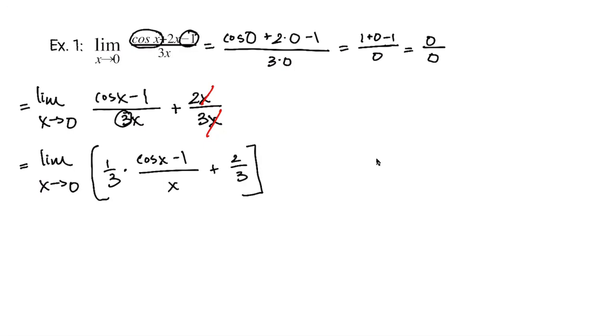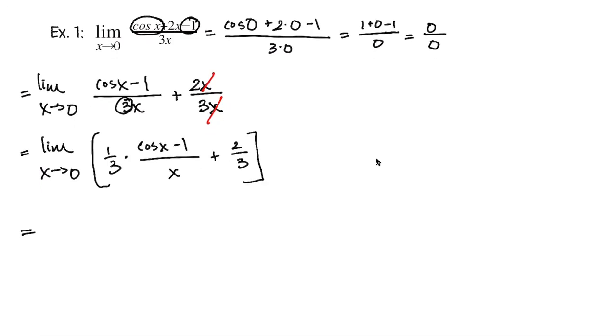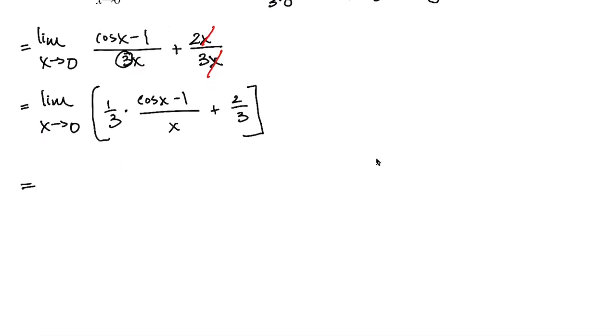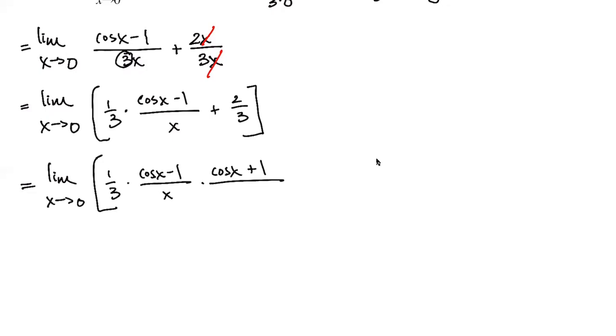Now I'm going to take this cosine x minus 1 over x and multiply it by its conjugate. So that's going to give me 1/3 times cosine x minus 1 over x times the conjugate of cosine x minus 1, which is cosine x plus 1 over cosine x plus 1, and then plus 2/3.